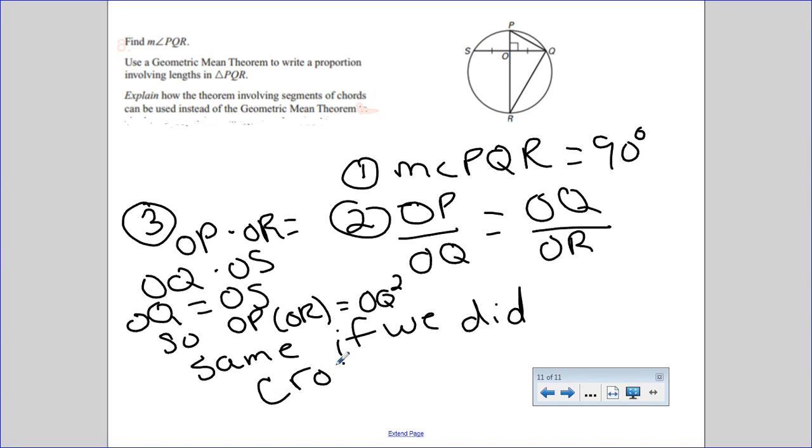If we took our proportion in number 2 and did cross products, we would get the same thing. All right, so there we go. It'd be the same thing.